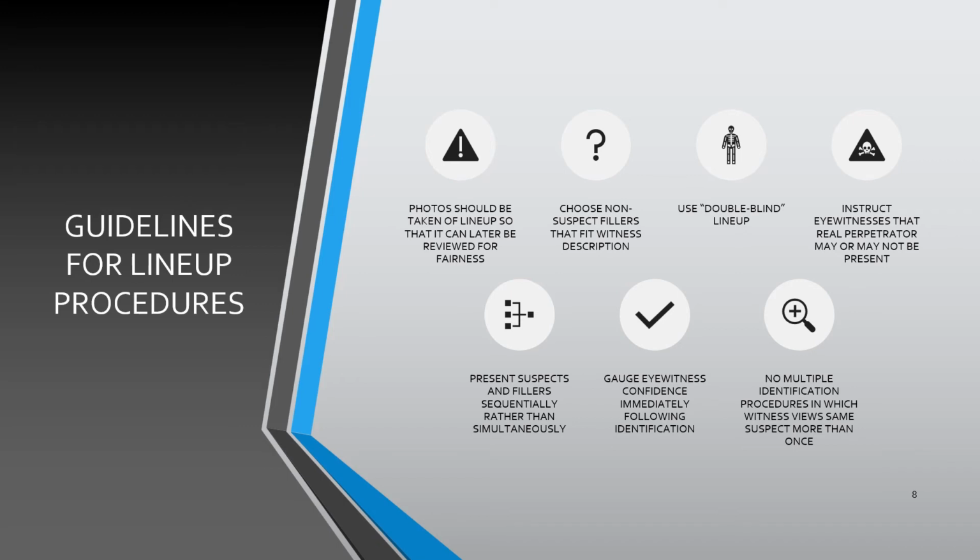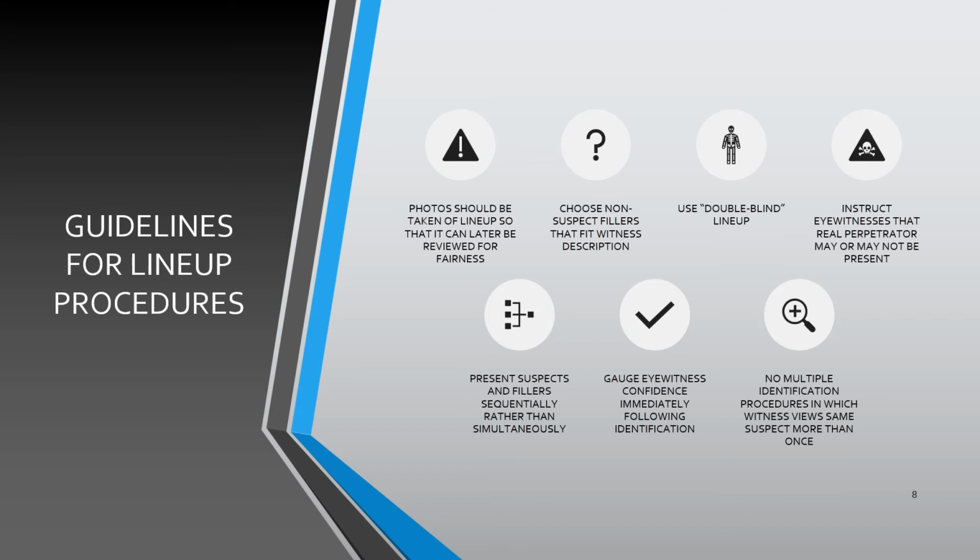Police should choose non-suspect fillers that fit the witness's description and that minimize any suggestiveness that might point toward a particular suspect. Double-blind procedures should be used. That is, if the lineup administrator knows who the suspect is, he or she might inadvertently give the witness some verbal or nonverbal cue as to the identity of the suspect and in essence steer them.